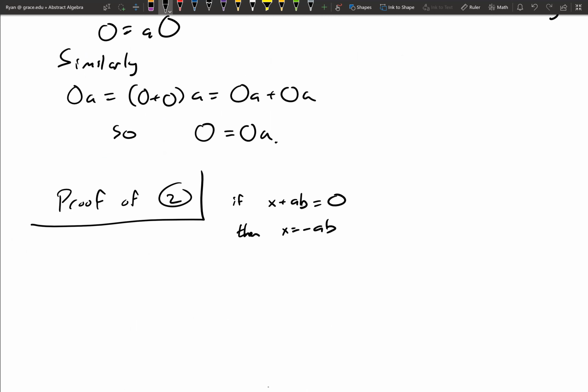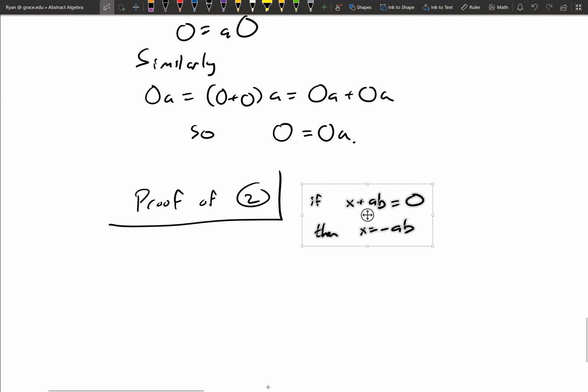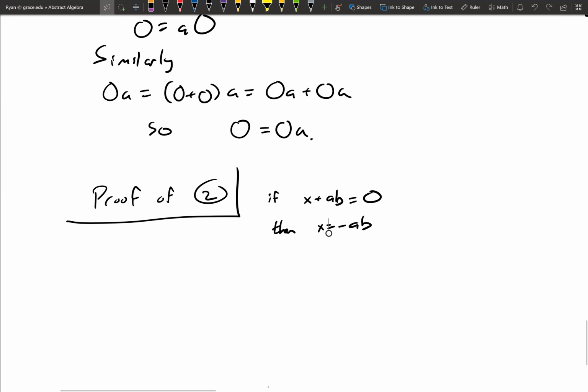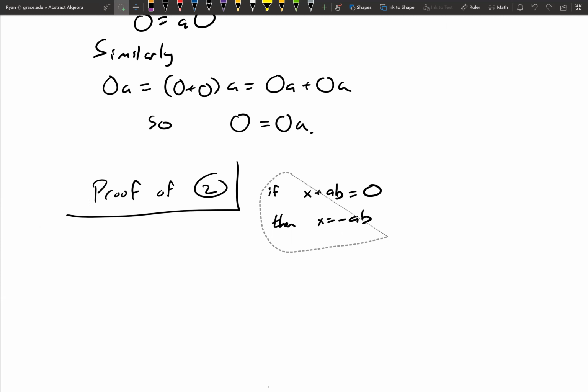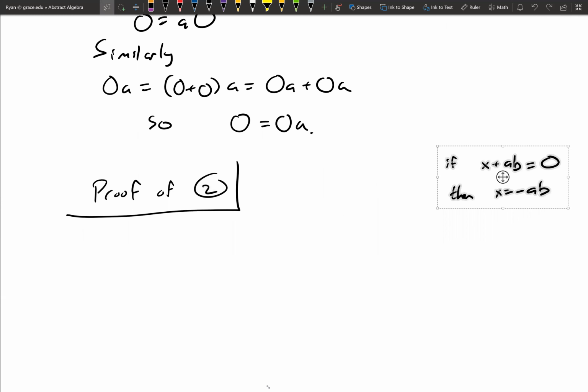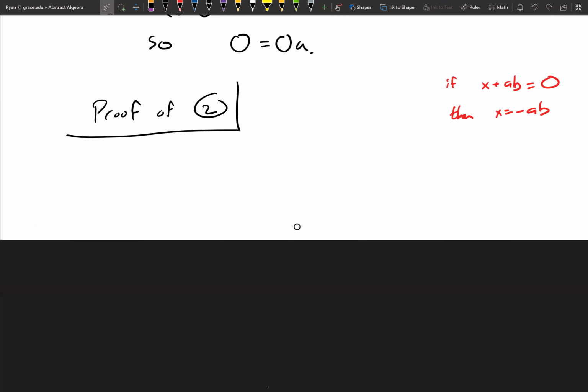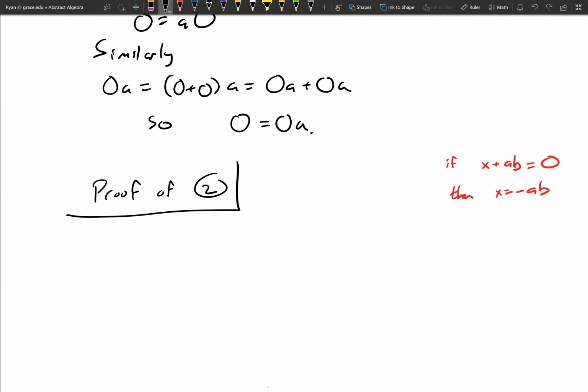This is not part of my proof. This is like a little angel above the shoulder of the proof that says, this is what I need to show. So then what do you need to show?